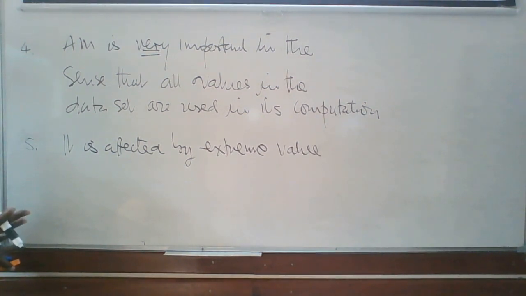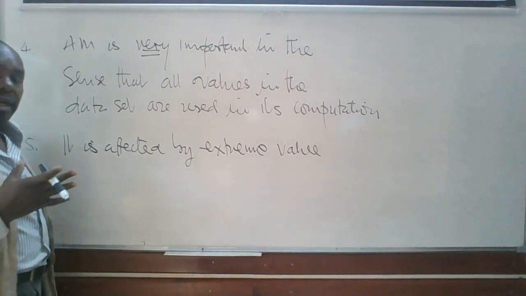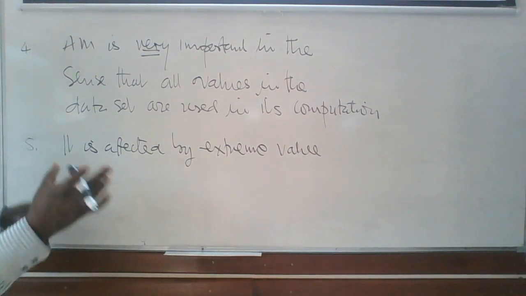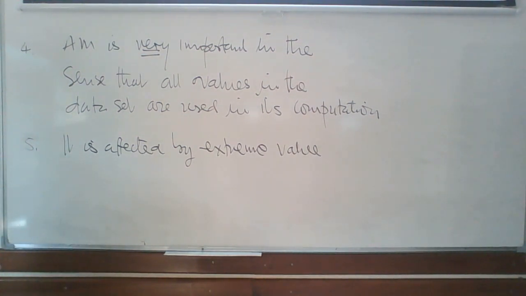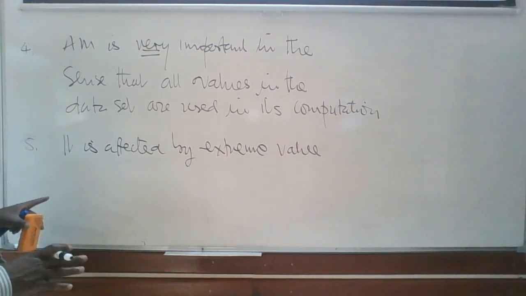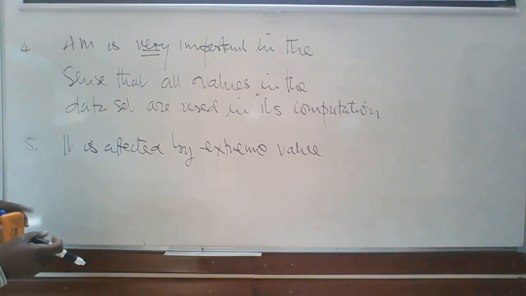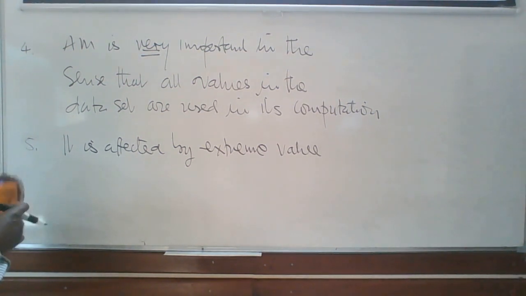When you have very small values in the data set, again, the mean will be pulled to the small values. It's a very important disadvantage that you should take note of when you are using the arithmetic mean to find a typical value for your data. So you have to really know that the data are well spread. You don't have extreme values in terms of very big or very small.